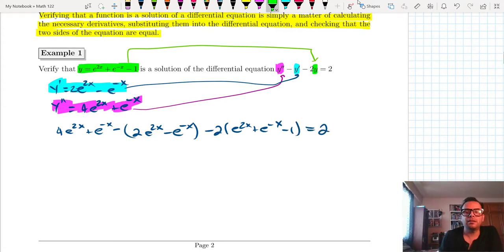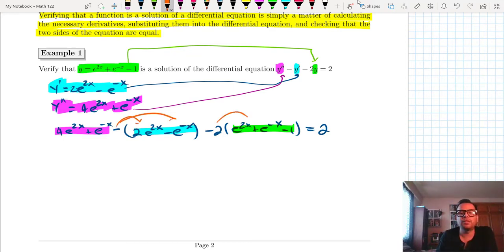Highlighting just so you can see where each is coming from. Okay, and let's combine like terms. Let's get rid of parentheses, so we distribute the negative sign here, and distribute the -2.